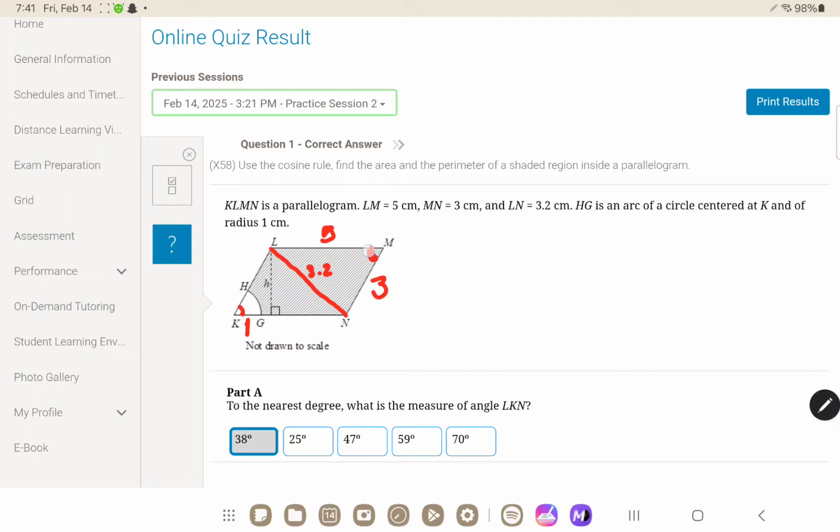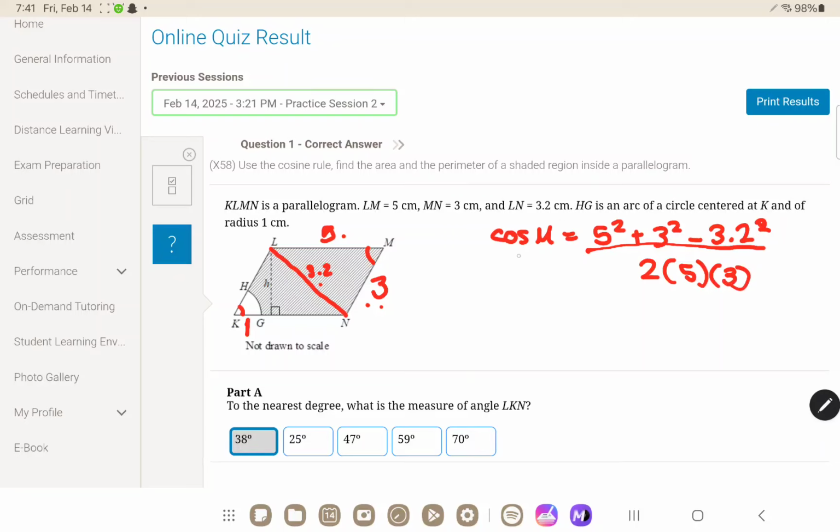So we can find this angle with the cosine rule, which states that cosine m is a squared plus b squared minus c squared over 2 times a times b. But I'm gonna write it in numbers. So 5 squared plus 3 squared minus 3.2 squared over 2 into 5 into 3.